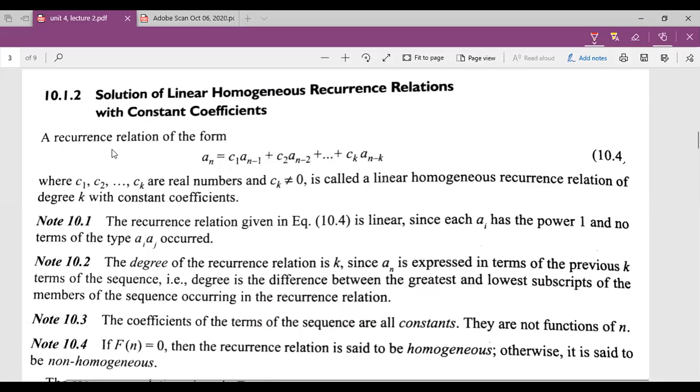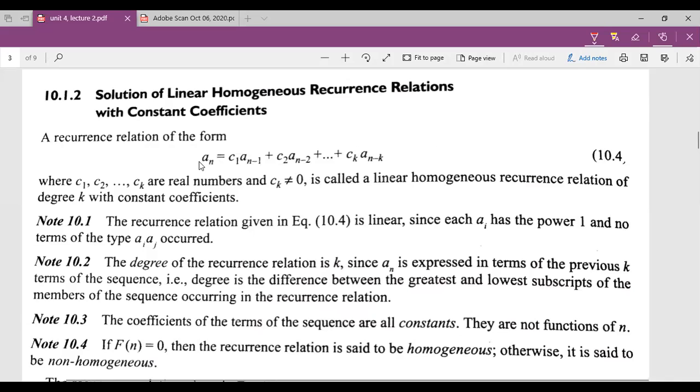The recurrence relation can also be of the form an minus C1 an minus 1 minus C2 an minus 2 minus and so on minus Ck an minus k is equal to 0. This is also called a linear homogeneous recurrence relation with degree k.